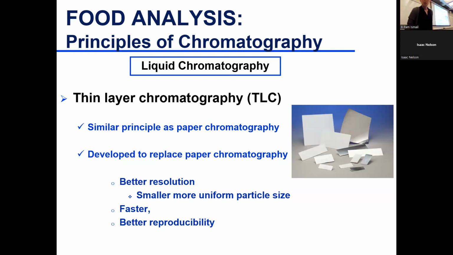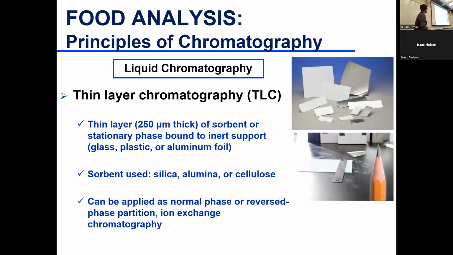So basically you have a solvent. And most commonly it is silica. Silica is what we use most commonly. It can be alumina and cellulose, but you use silica on a very sturdy support, either glass, plastic, or aluminum foil.